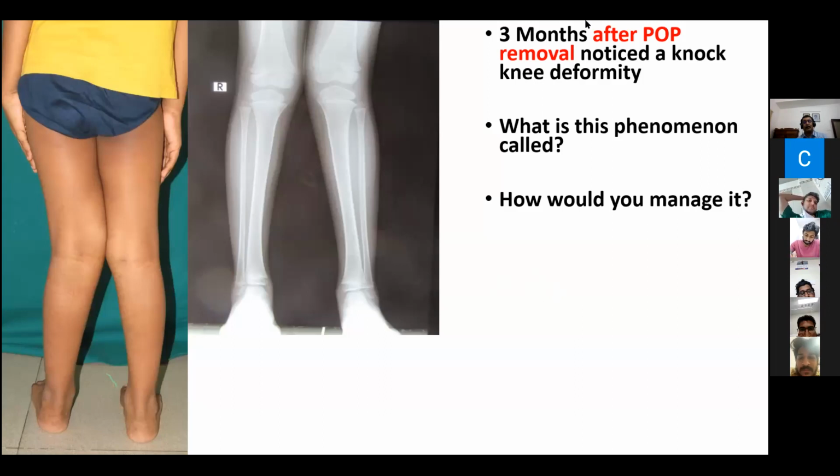Suppose it doesn't correct, how long will you wait? That is my question.